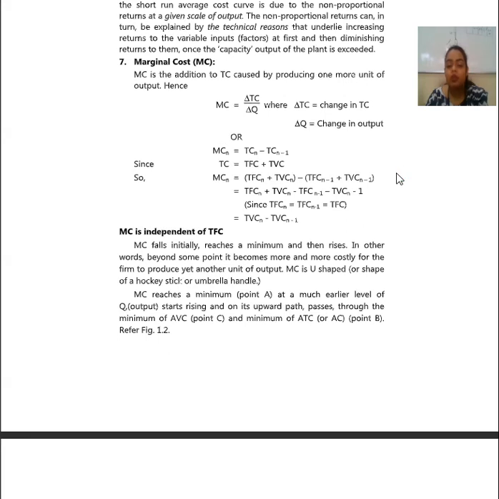Total cost is equal to total fixed cost plus total variable cost. Marginal cost is equal to total fixed cost n plus total variable cost n minus total fixed cost n minus 1 plus total variable cost n minus 1. Since TFC n is equal to TFC n minus 1, it cancels, and we get total variable cost n minus total variable cost n minus 1.